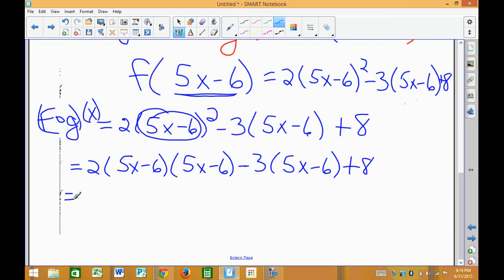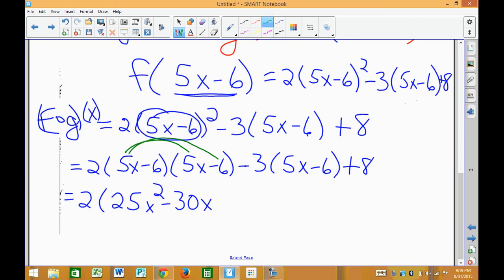Now when we multiply, as we mentioned earlier, you can FOIL, which is just a distribution. I'm going to take 5x times 5x, and 5x times negative 6. So 5x times 5x is 25x squared, and 5x times negative 6 is negative 30x.